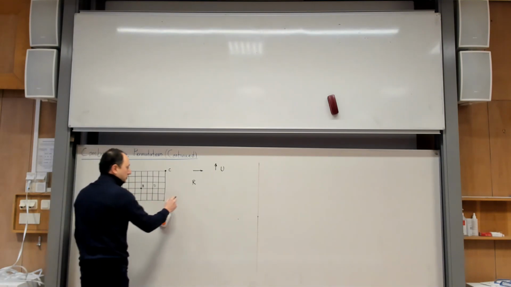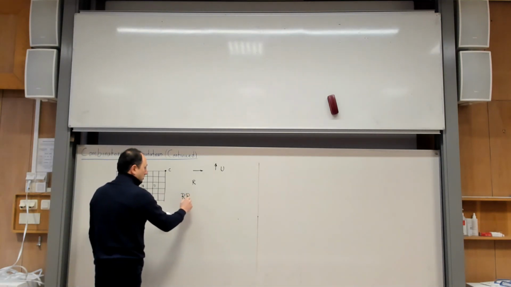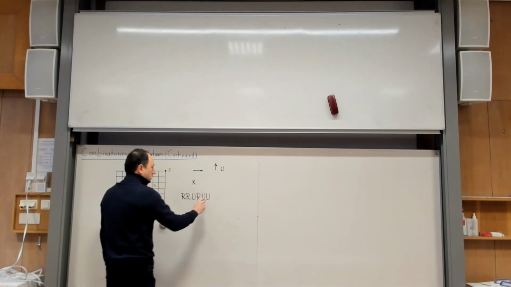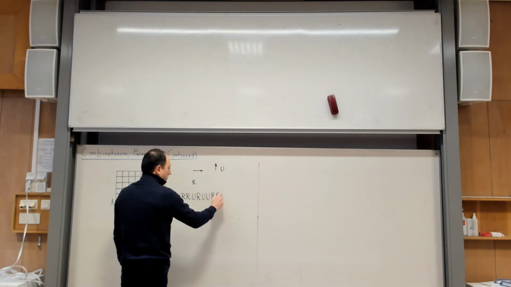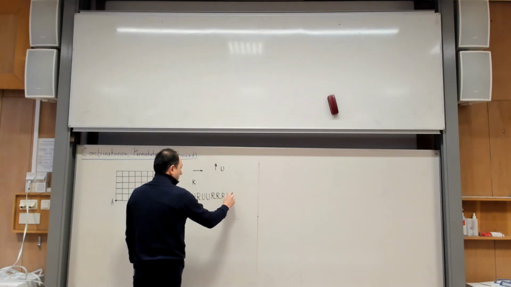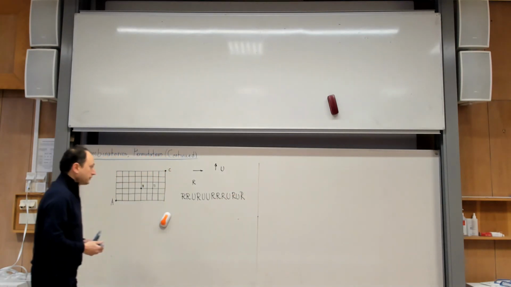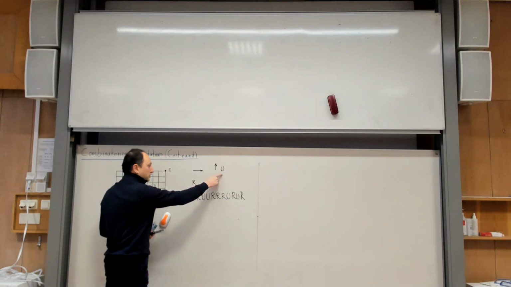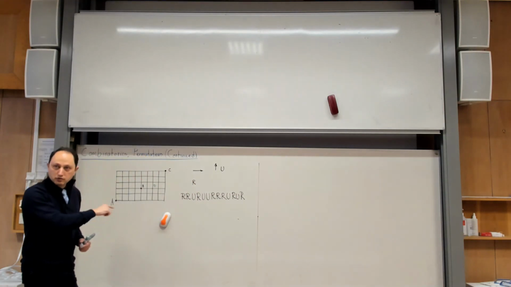For example, if I give you this code: R, R, U, R, U, U, and then R, R, R, and then U, and then R, R, R, R, and U, and R. That is a code consisting of 8 R's and 5 U's. I have just arranged them.